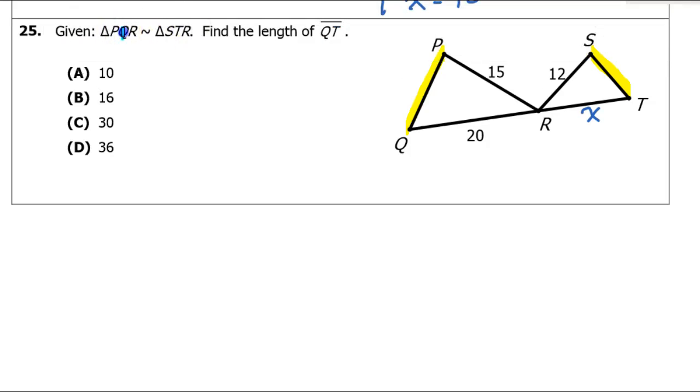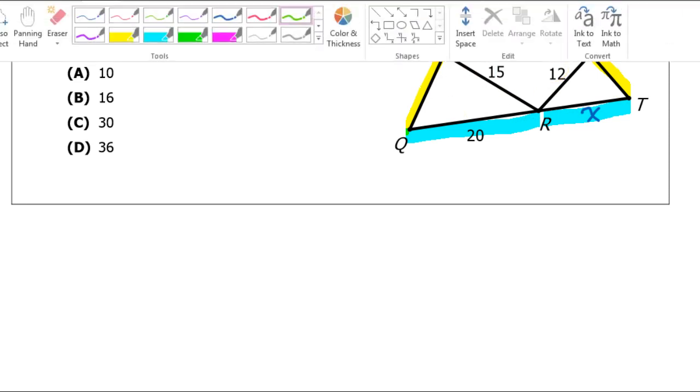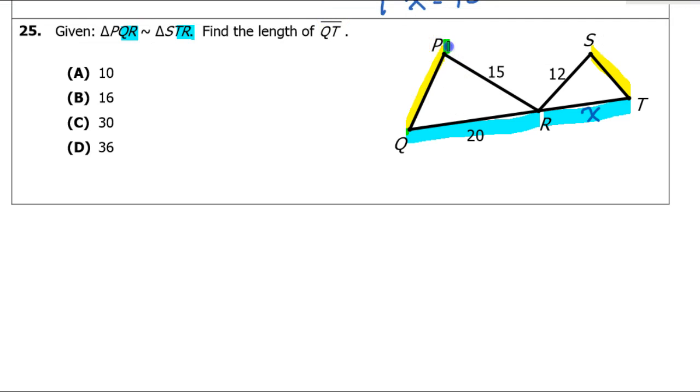I also know that QR corresponds with TR. So QR and TR are corresponding sides. That means that PR is corresponding with SR. So now we know which sides are corresponding.